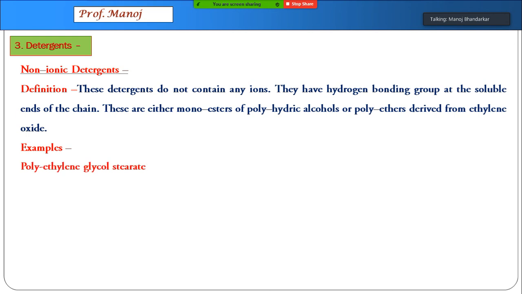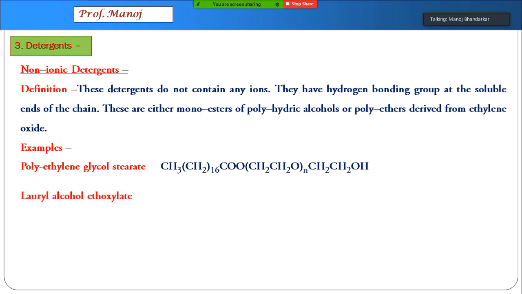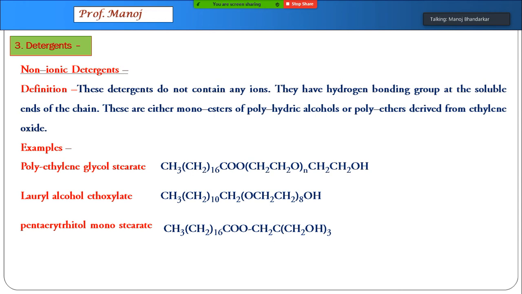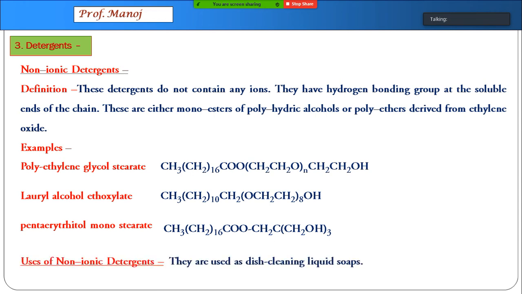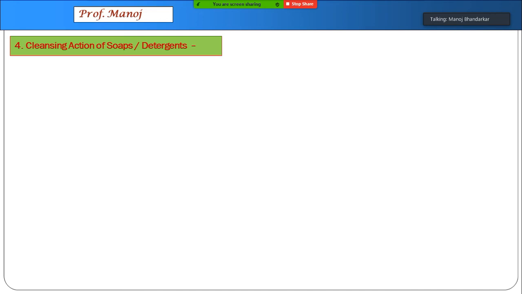A few examples are polyethylene glycol stearate, which contains an OH functional group at the end, lauryl alcohol ethoxylate, which contains an OH group too, and pentaerythritol monostearate, which contains an ester group COO in the center. These non-ionic detergents are used in dish cleansing liquid soaps. So this was entirely about types of detergents.